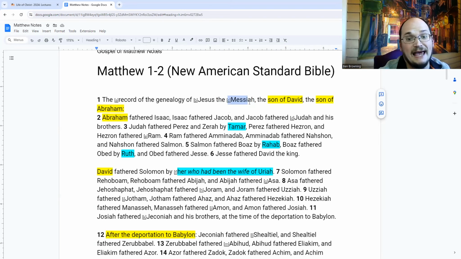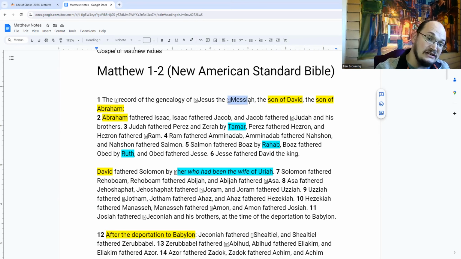If you go and look at Luke's genealogy, you'll notice that it is different. Luke's genealogy goes back to Adam because Luke is making a different connection. Luke is heavily pointing to the broad appeal that Jesus is not just the Messiah for Israel, but the Messiah for the nations.